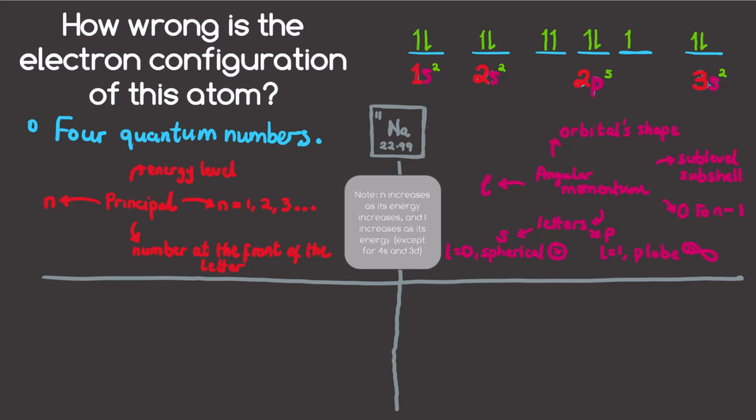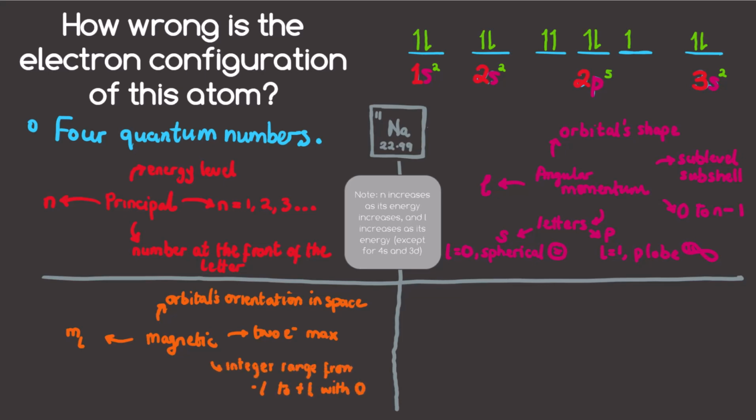Third is the magnetic quantum number, notated as m subscript l. This reflects the orientation of the orbital in space. Each orbital within the sublevel can hold a maximum of 2 electrons, similar to Hund's rule.